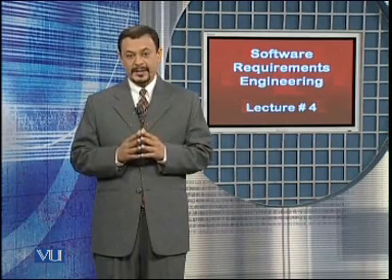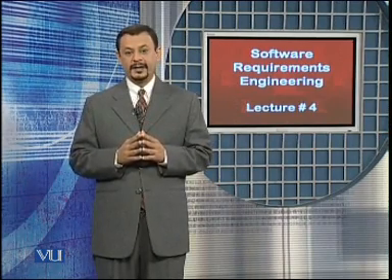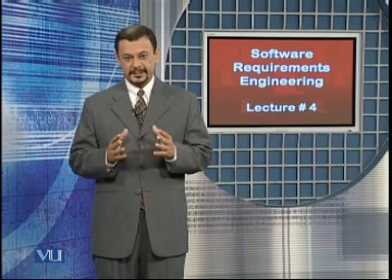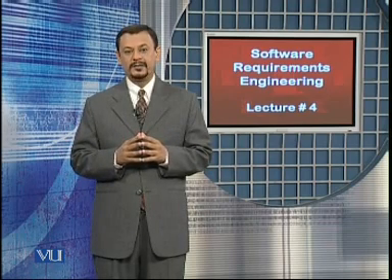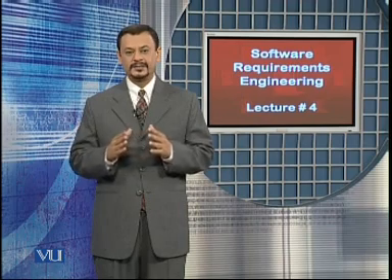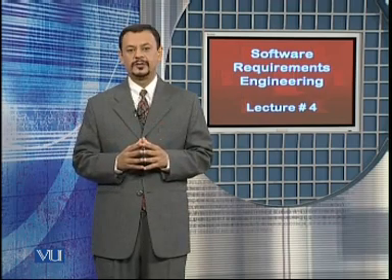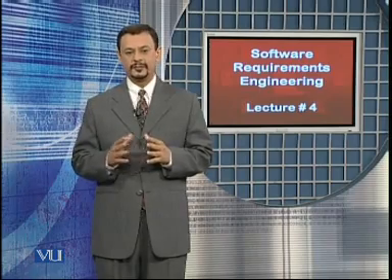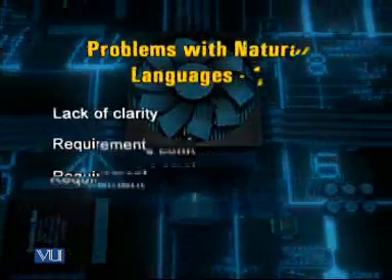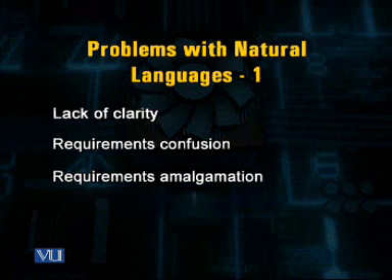Now, it may be considered a very artistic activity to describe multiple things in one sentence, but as far as the requirements for the software products are concerned, they can cause a lot of confusion and problems for the designers and developers of the software product.